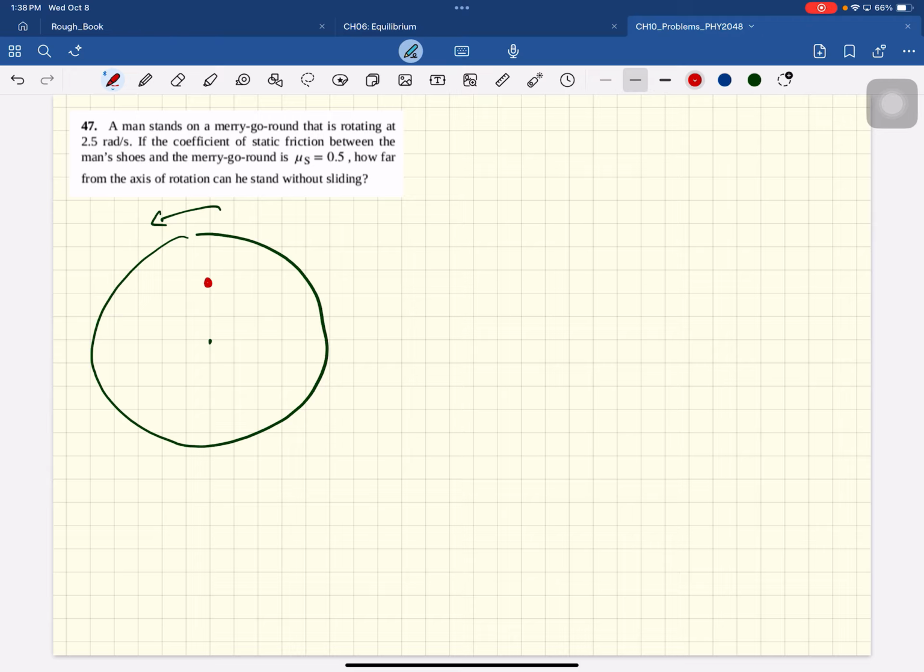And there's the man standing. So what is the man doing as the merry-go-round is rotating? The man is going in a circle. To make an object go in a circle, you need a centripetal force, or he's having centripetal acceleration.